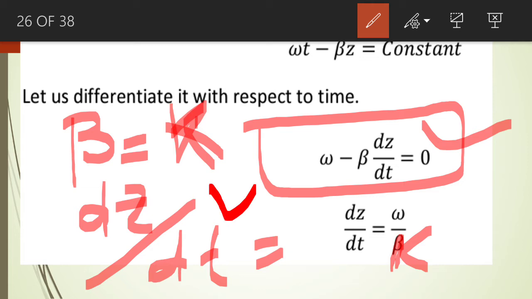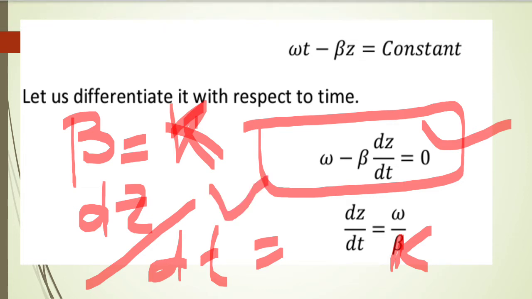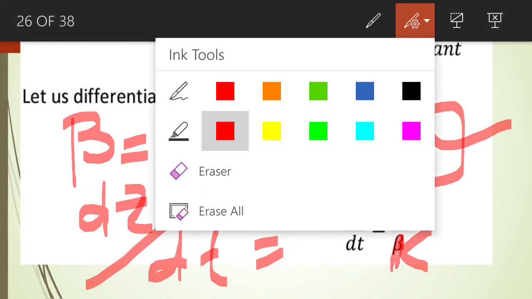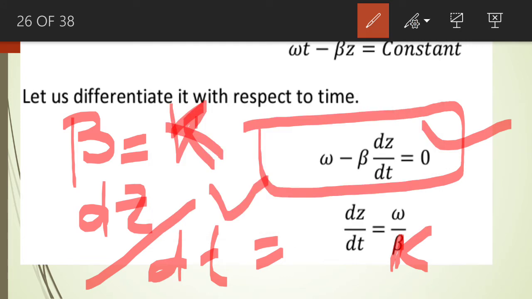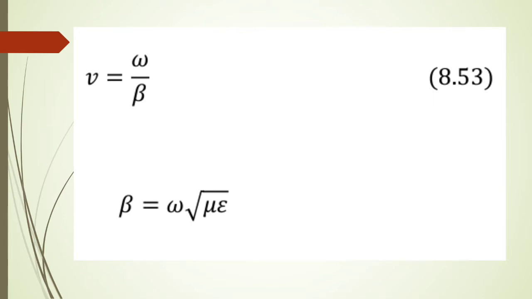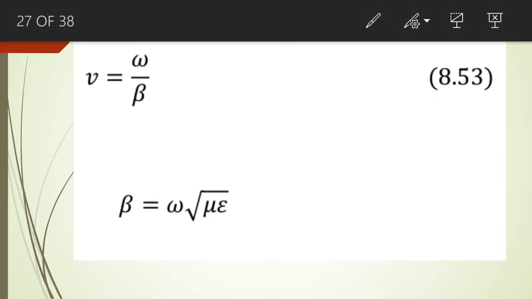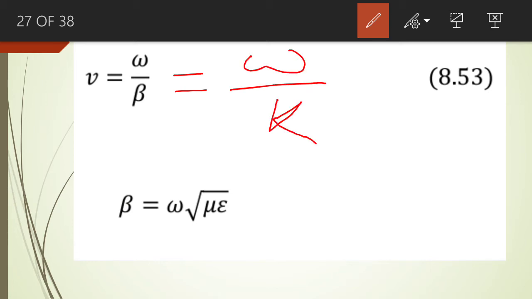And what is dz by dt? Dz by dt is the distance traveled by the wave, and the distance traveled by the wave per unit time is known as the speed of the wave. So if we want to calculate the speed of the wave, we can calculate it with the help of this particular equation as well.